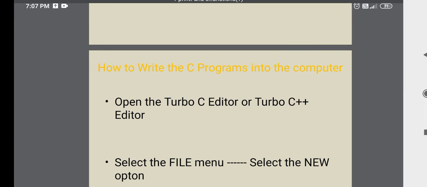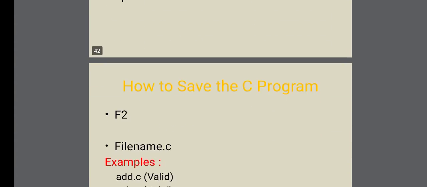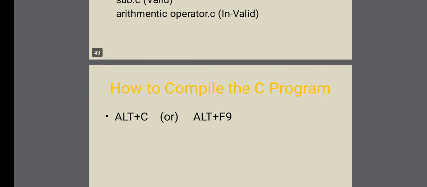First we have to open the Turbo C or Turbo C++ editor. In the editor, we click the File menu, select the New option, and save the C program with F2. When saving, we should not give any white spaces in the file name, and we have to give the extension .c.